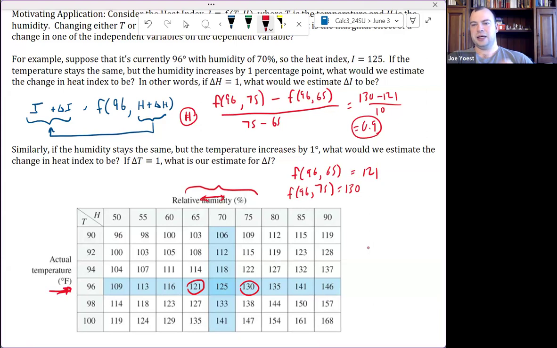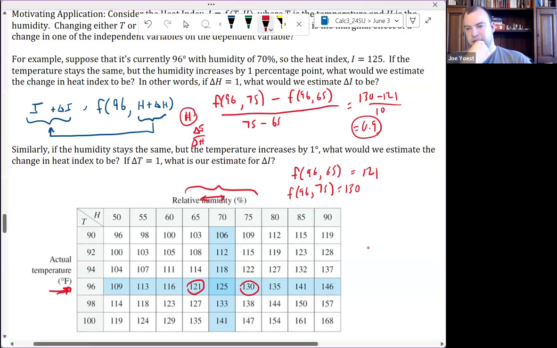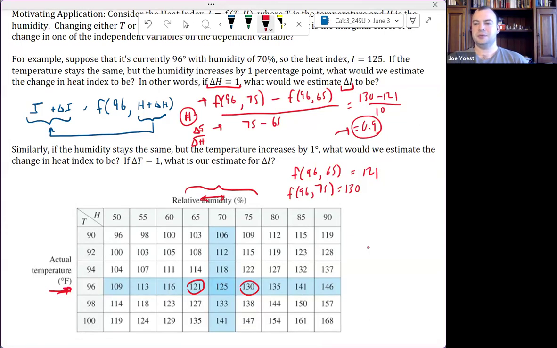This seems like an estimate of delta I over delta H, the change in the output over the change in the input when temperature is held constant. So a 1 percentage point increase in the relative humidity would be associated with a 0.9 degree increase in the heat index.